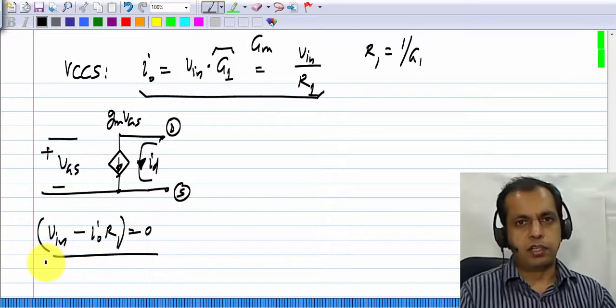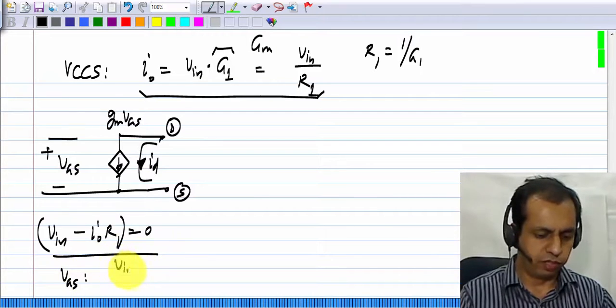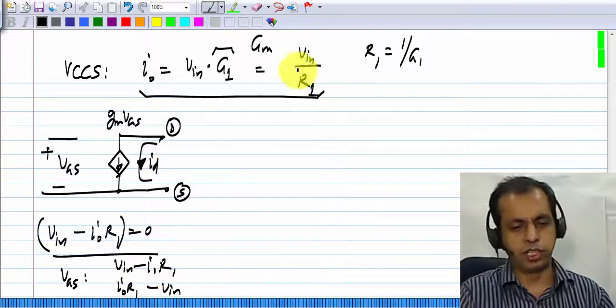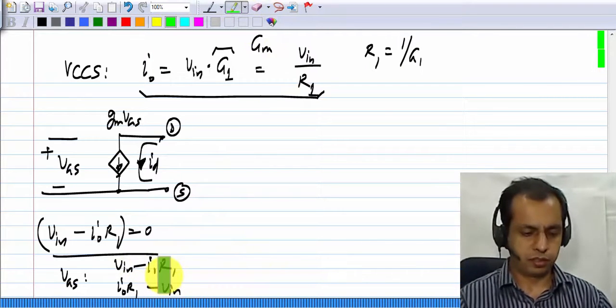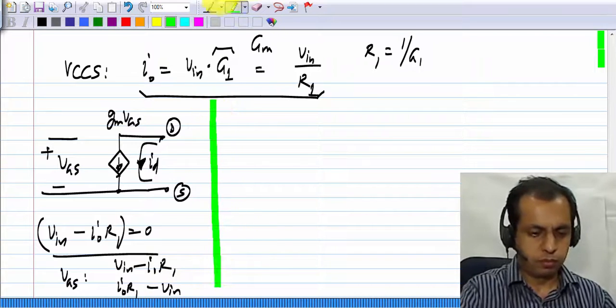So this means that the error voltage V in minus I naught R1 or the negative of that should be VGS. So VGS should be either V in minus I naught R1 or I naught R1 minus V in. Of course, it can be some other quantity which is still proportional to this one. And what is the negative feedback action that we want?